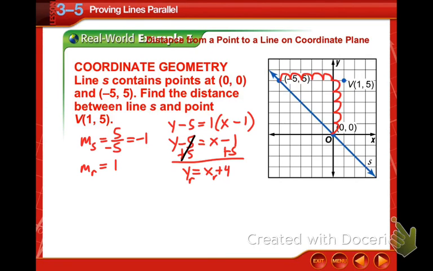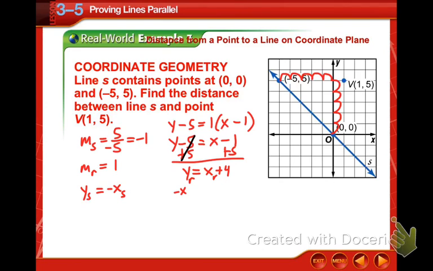Now, for the equation for S, we know its y-intercept is 0, mx plus b, right? So our m is negative 1, so it's just negative x. So now, we need to set these up as a system of equations to find the point where they intersect. That's pretty easy because they're such simple equations. So we just plug in what yS is for yR.